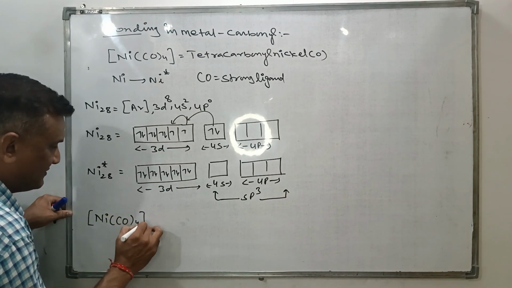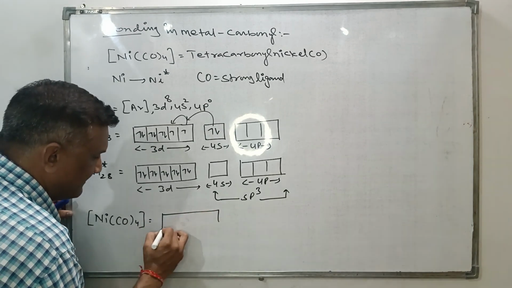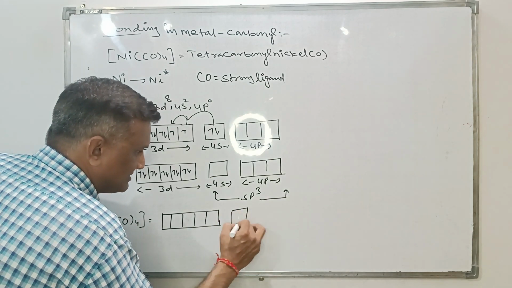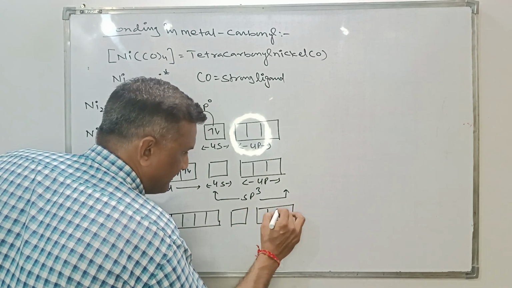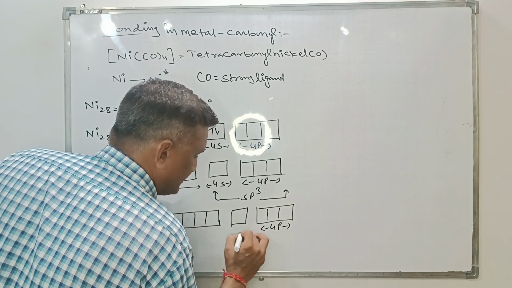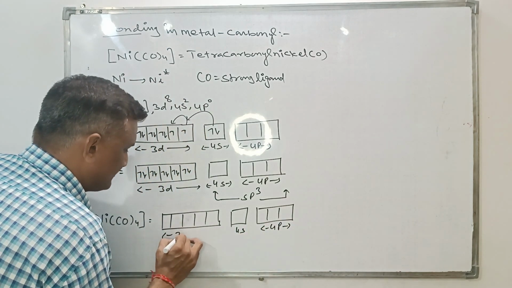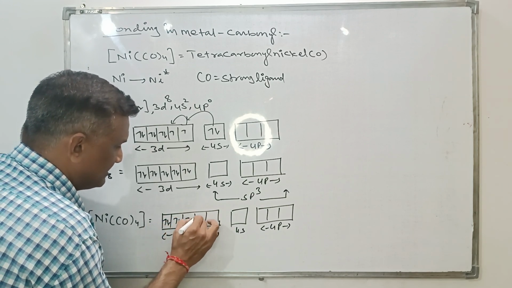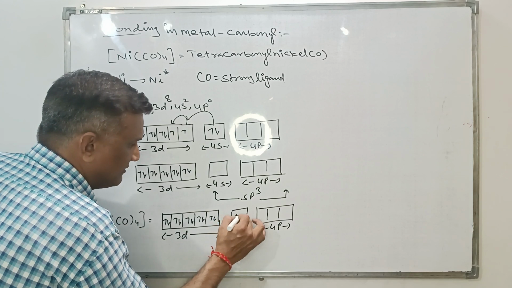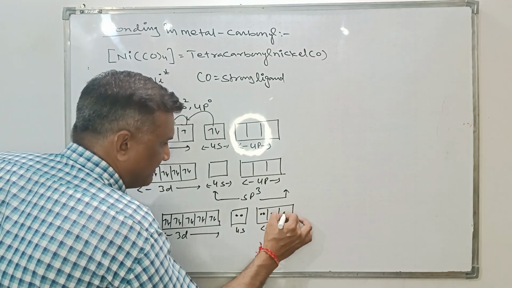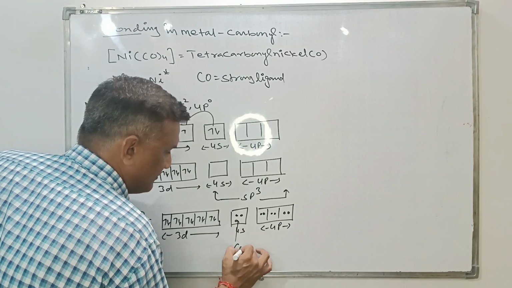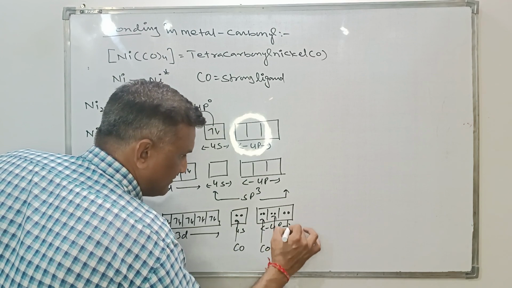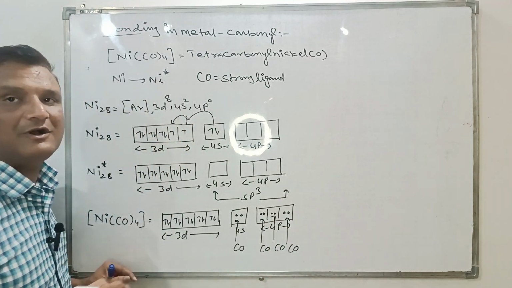Now I would like to go with the complex formation. This is the Ni(CO)4. This is your 3d with 5 orbitals, this is your 4s and this is the 4p. 10 electrons in 3d and these are the lone pairs, 2 lone pair, 3 lone pair, 4 lone pair as CO, CO, CO and CO. So I want to say one thing is common.